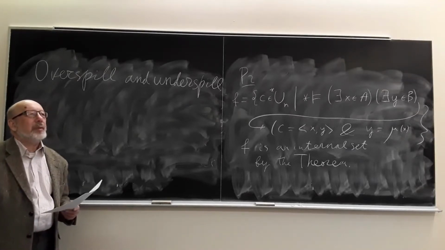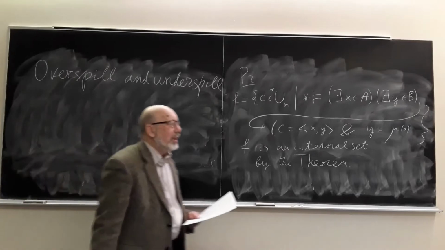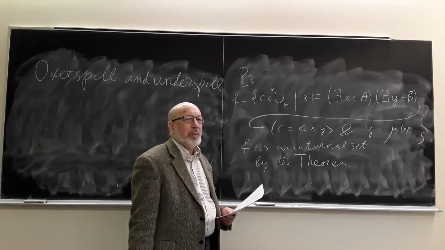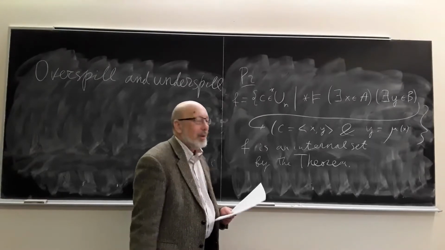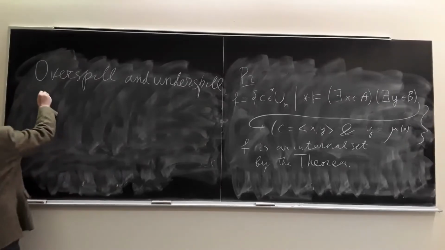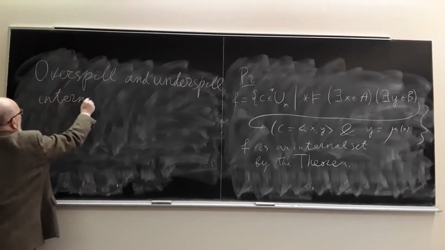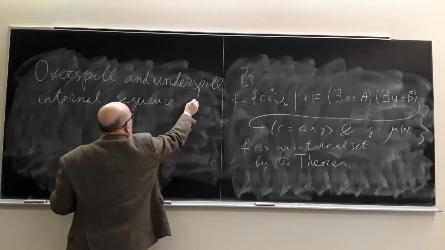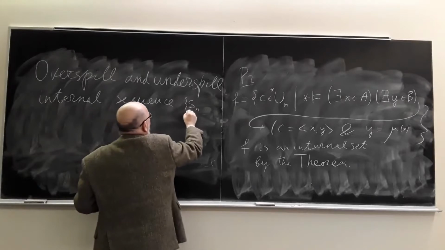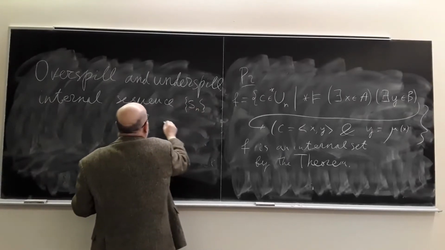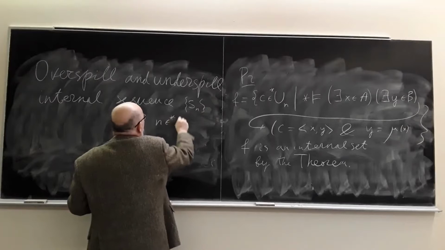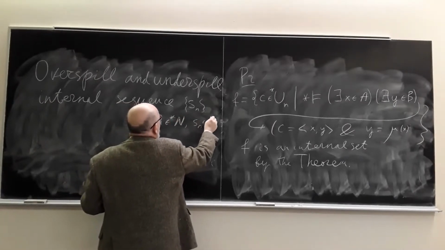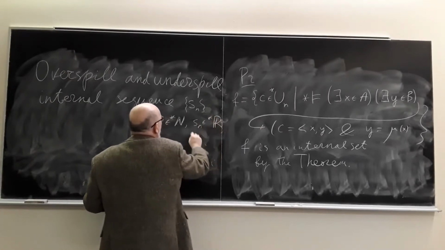Suppose we have an internal function, in particular it can be an internal sequence. Now the sequence Sn, here n in star N and Sn in star R for all n.